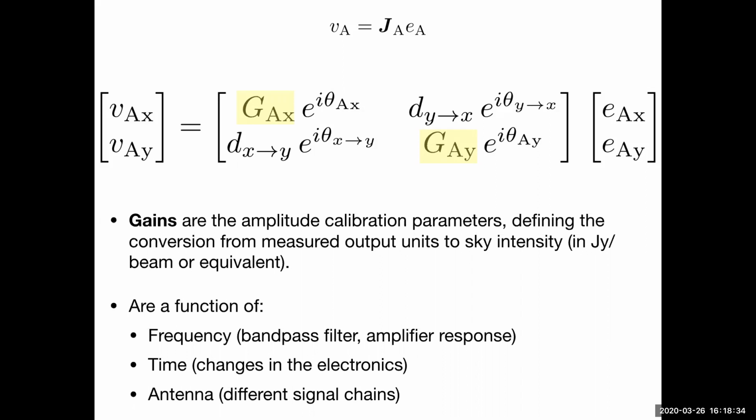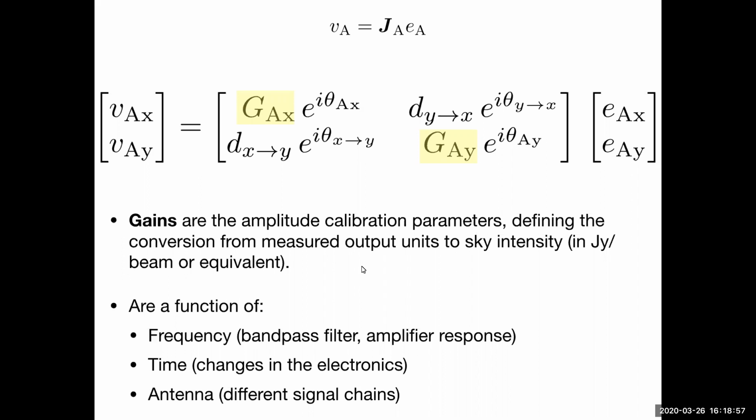These are effectively defining the conversion from whatever units your measurement is in to sky intensity in Janskys per beam or equivalent, or vice versa. That's important for getting the units, the amplitudes and the flux densities all correct.